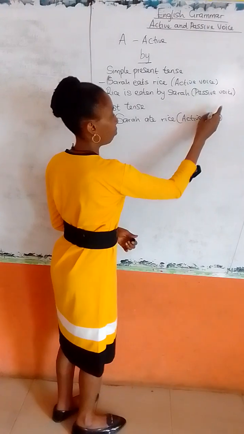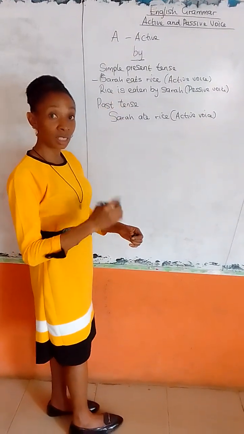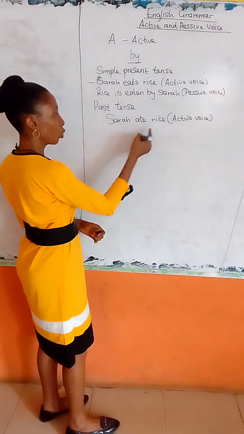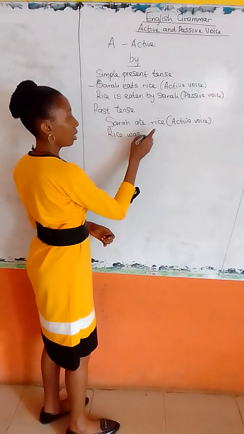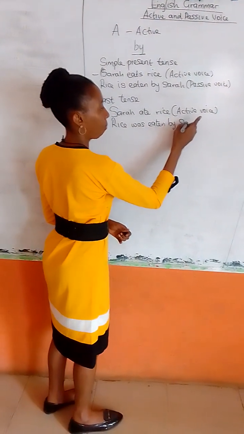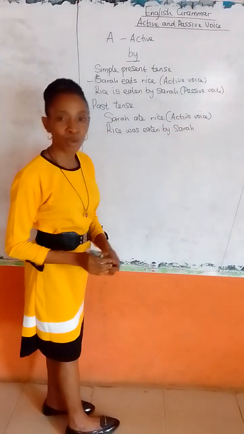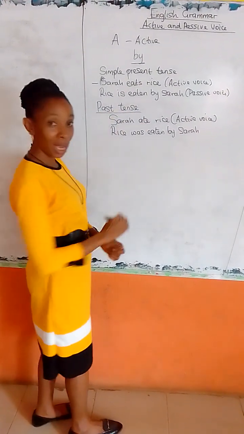So what will this be in the passive? Remember, we are talking about the past. And the past of is was. So it's going to be rice was eaten by Sarah. I hope you got that. Okay. That is it with the past tense.